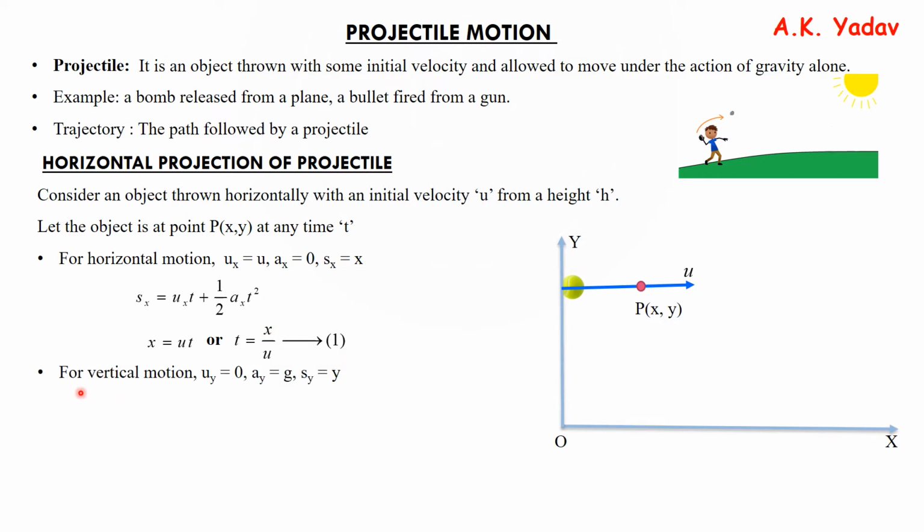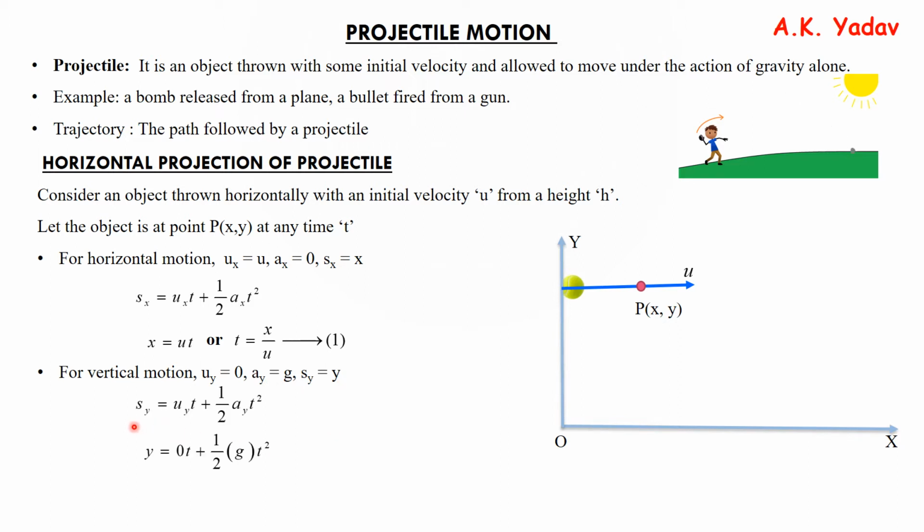Now for vertical motion, there is no initial velocity because the object was thrown with a horizontal initial velocity. So the initial vertical velocity is 0. Acceleration is g and the distance is y.